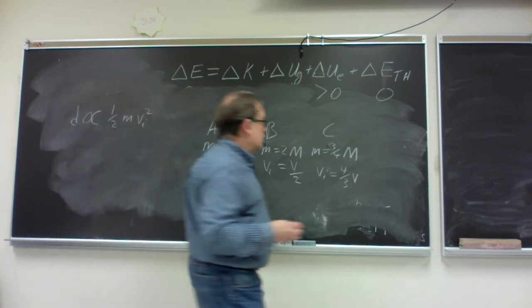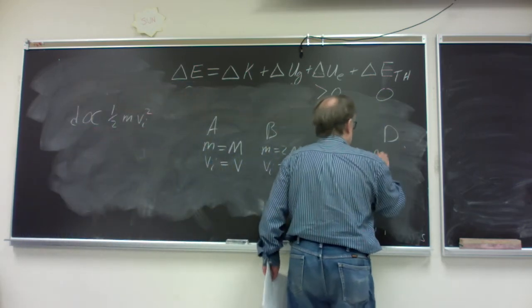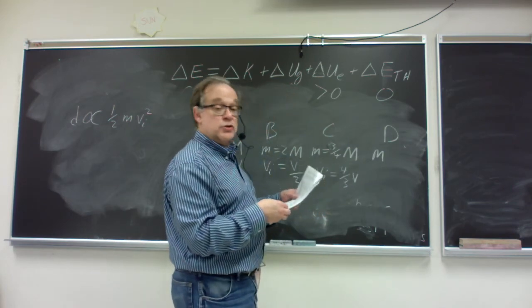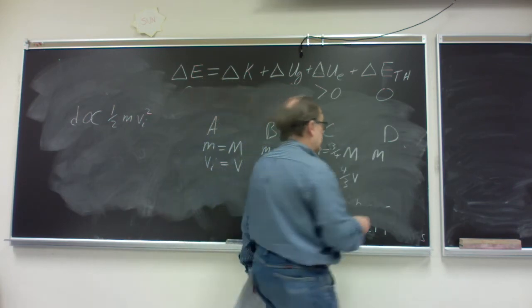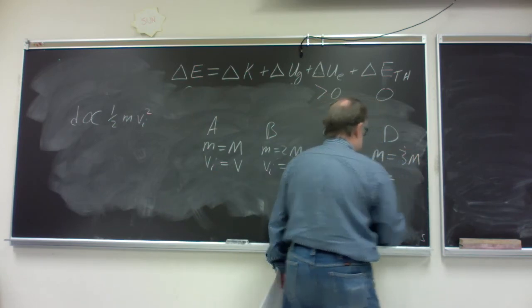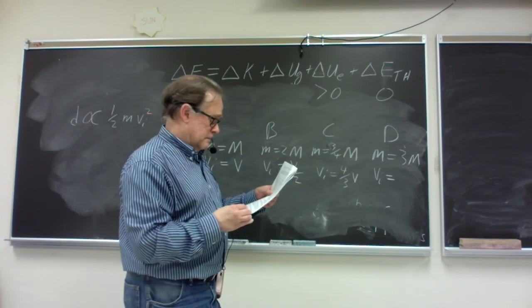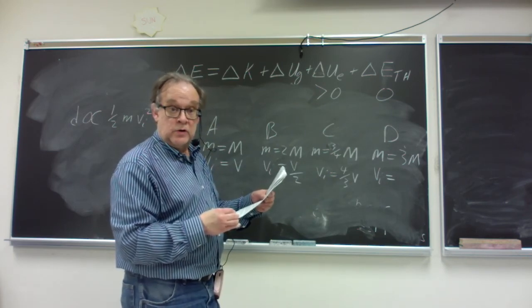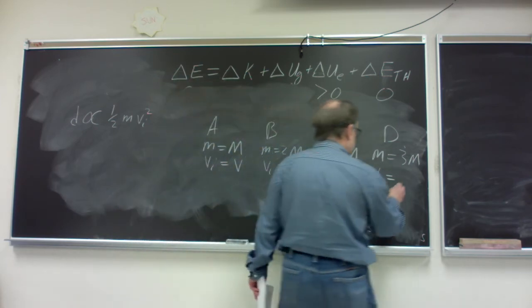And finally, car D's mass is 3 times car A's mass. And car D's initial velocity is 0.6, 6/10 of car A's velocity.